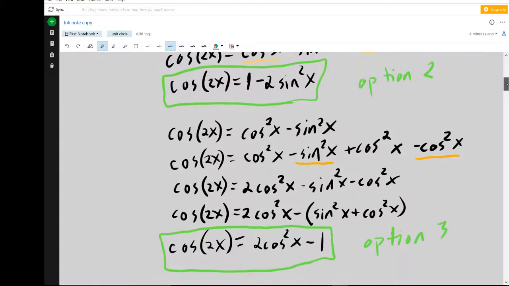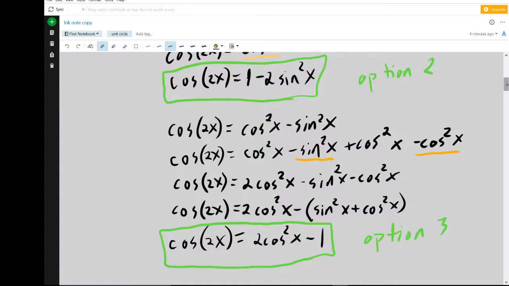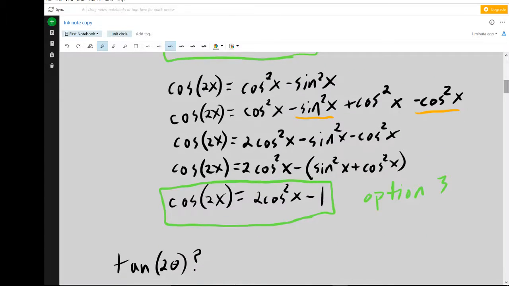For our third option, we're going to look for that Pythagorean identity, but this time we're going to try and wind up with a cosine squared instead of a sine squared on our right side of the equation. To do that, we need to have that negative sine squared and that negative cosine squared. And we'll see why in a second. Until you get familiar with how this operates, keep using your cosine squared plus sine squared equals 1, and take a 1 out of both, right? We're factoring out that negative.